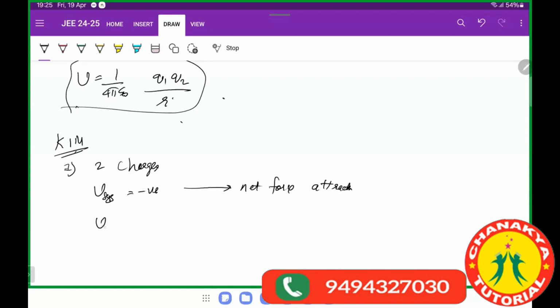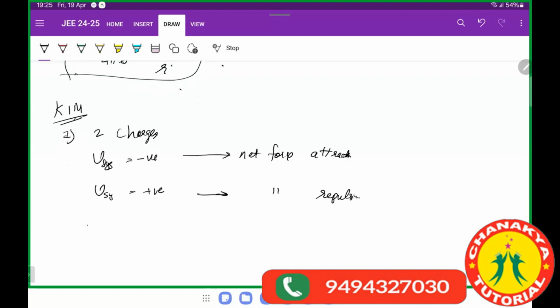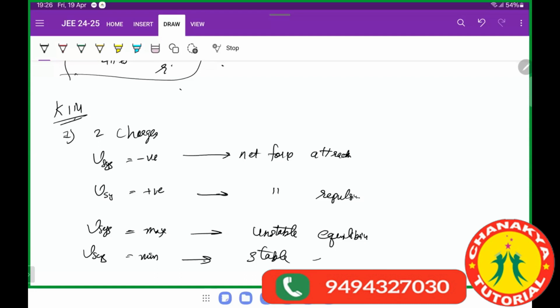Now, if U of the system is positive, then the net force is repulsive. If U of the system is maximum, it means unstable equilibrium. If U of the system is minimum, it means stable equilibrium.